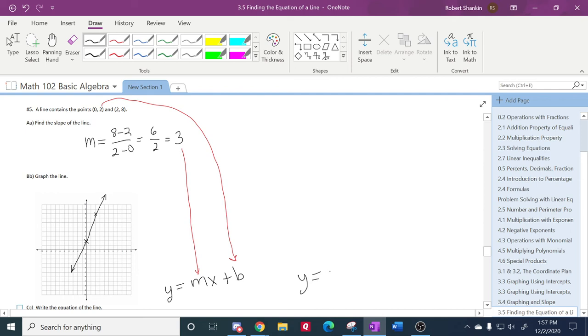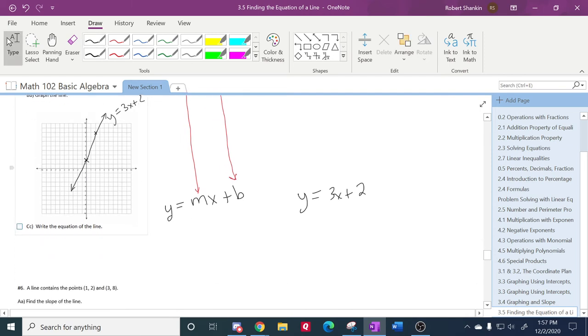Y equals 3x plus 2, just as Amelia was saying. There is the equation of this line. Sometimes we put it right next to the line.